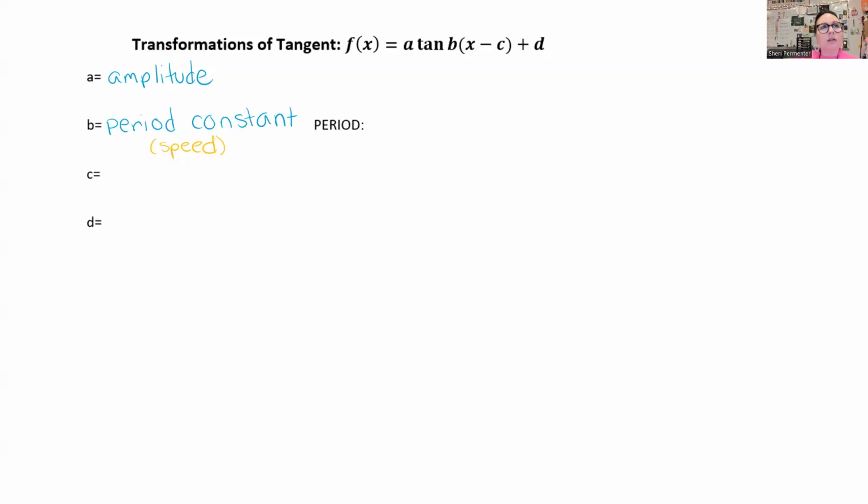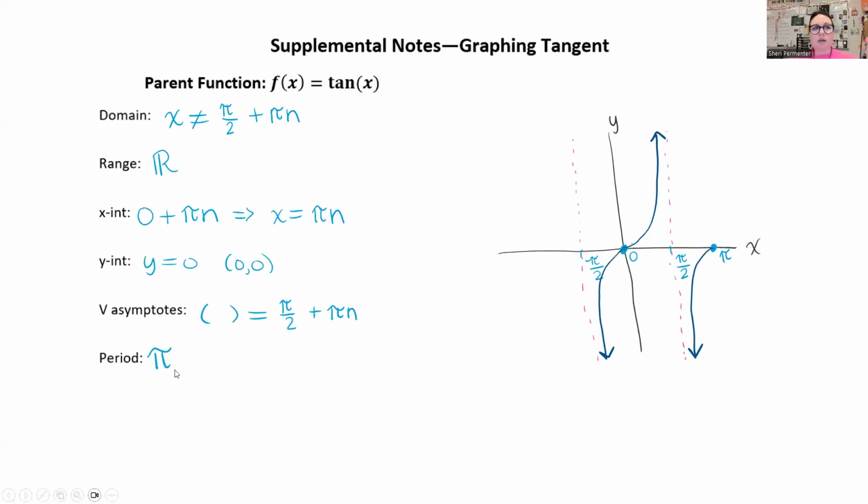So our period here, parent function says that it is pi. And for a parent function, the number in front of the x is a 1. So that's how you get pi. It's pi divided by 1.